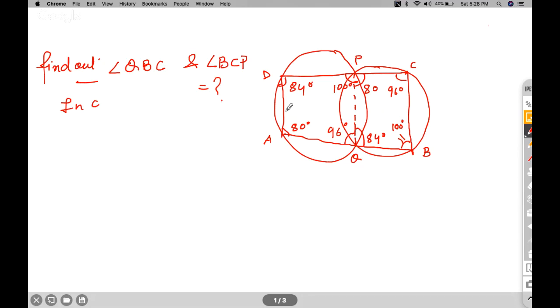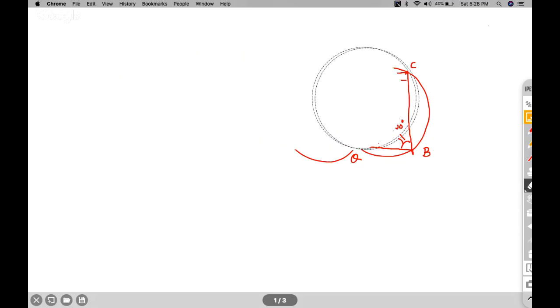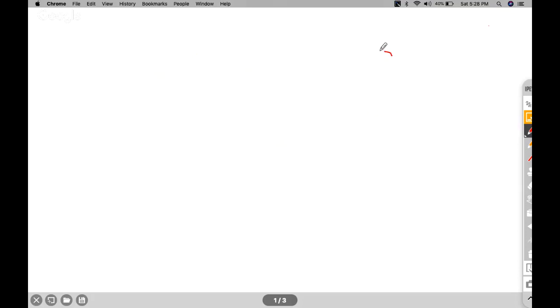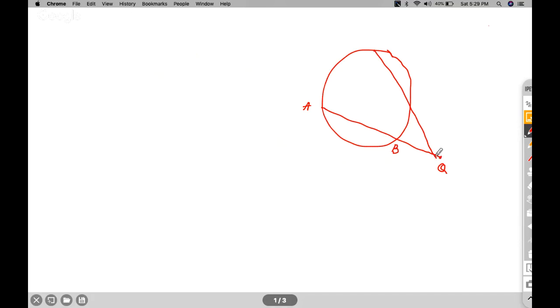Now I'm drawing another circle, and this is A, this is B, this is Q, this is C, this is D, this is P, and I will match this P like this.